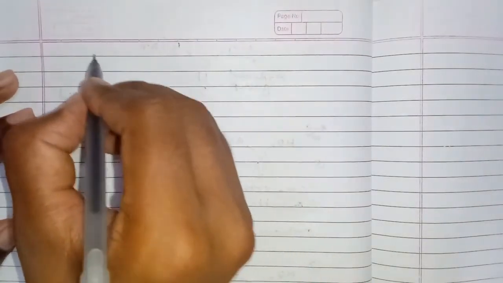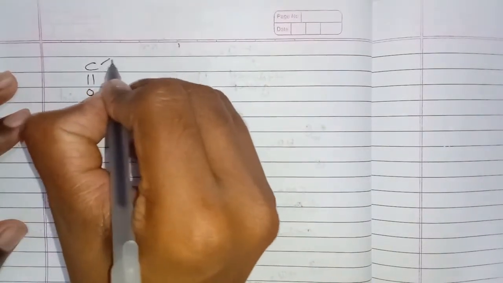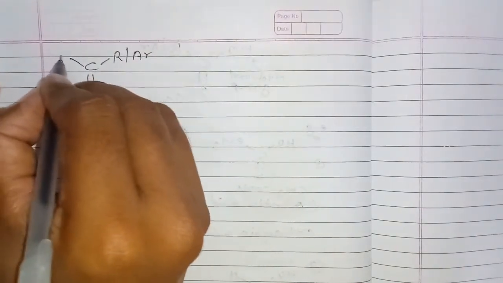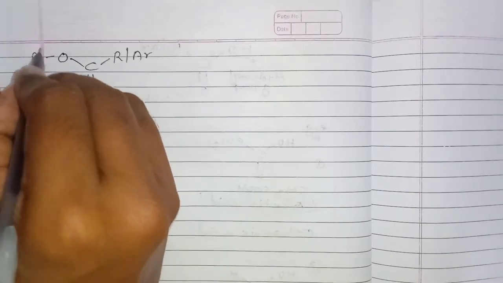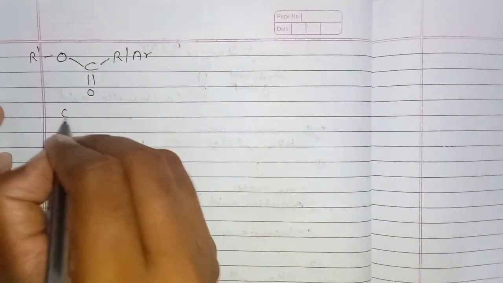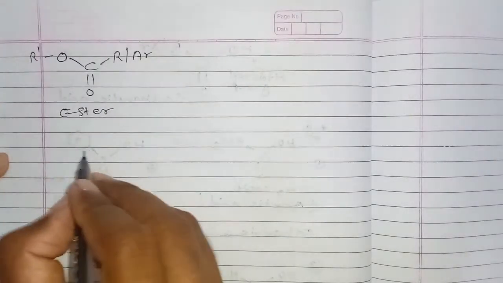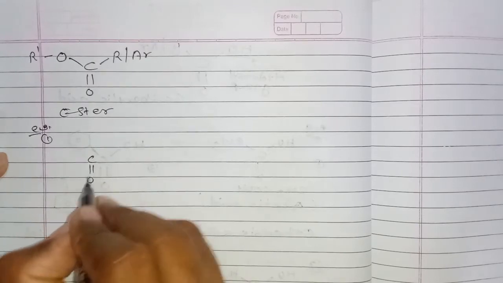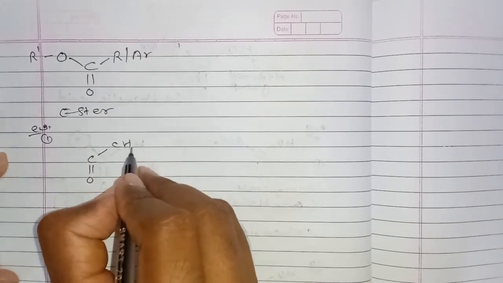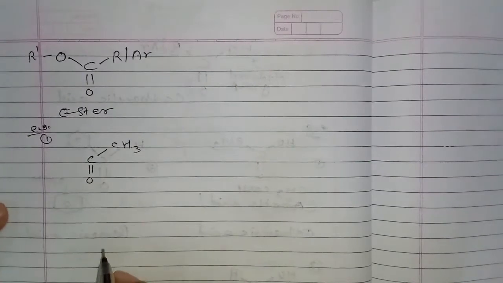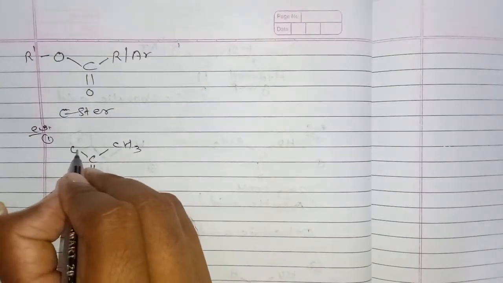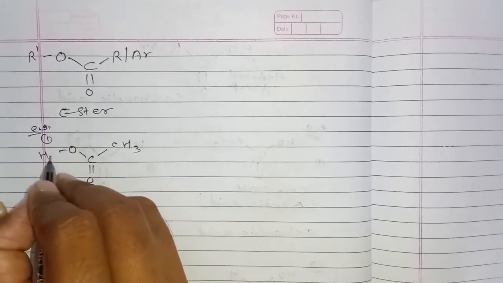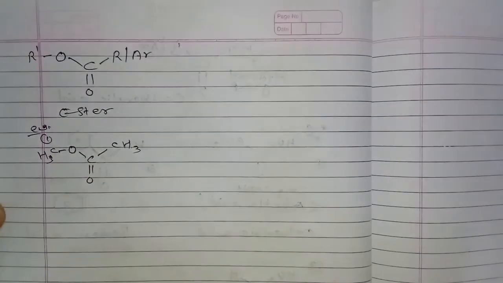Now the example of an ester is COOR dash. For example, the carbonyl group of the carbon is bonded with a methyl group, and here the oxygen is bonded with another methyl group.